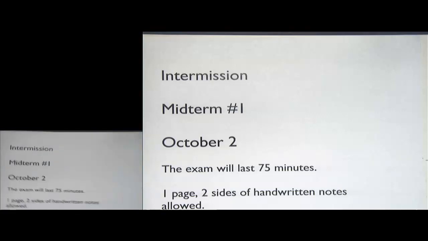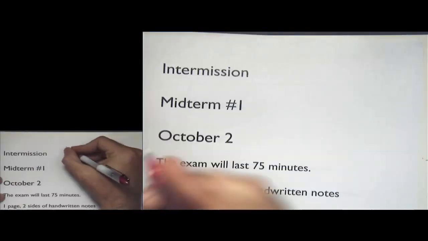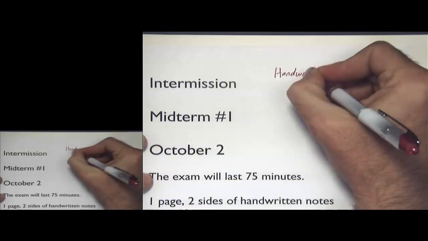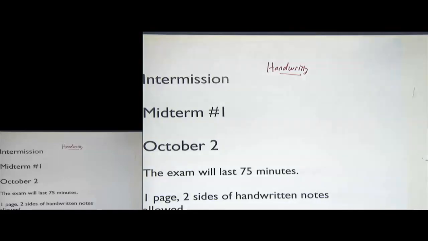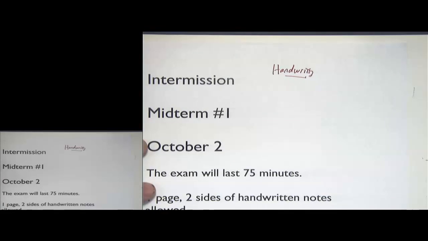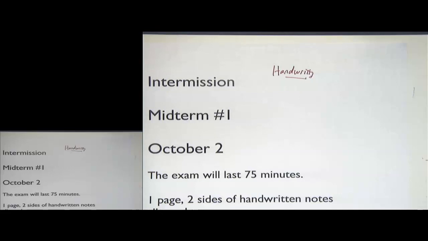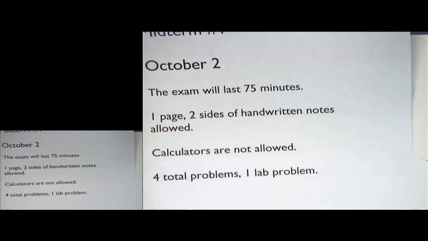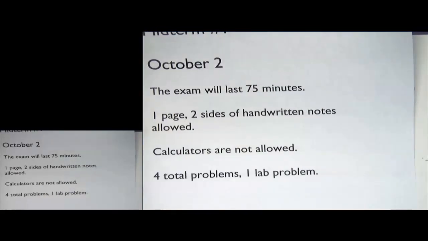And this right here, you see what I'm doing? This is called handwriting. Some of you maybe have been in my previous class. Really every semester someone photocopies something onto their sheet and then gets really mad at me and gives me a very low evaluation because I don't let them use the photocopied book, solutions, homework, or whatever. The whole point of giving you 1 page, 2 sides is so that if there are things you don't want to memorize, for example Fourier transform tables, you have an opportunity to write them down.